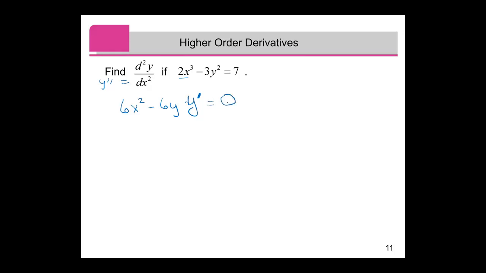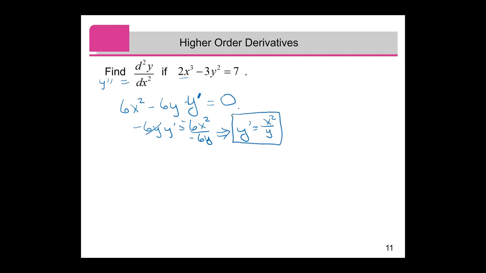And now I'm going to solve for y prime. So I'm going to subtract the 6x squared, so this equals minus 6x squared. Divide both sides by minus 6y. So I get y prime is equal to x squared over y.